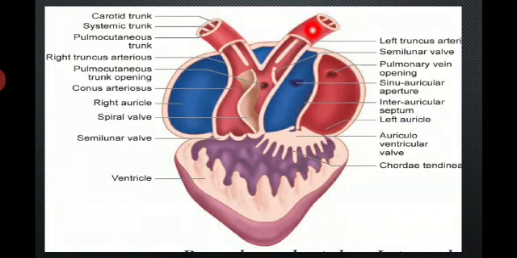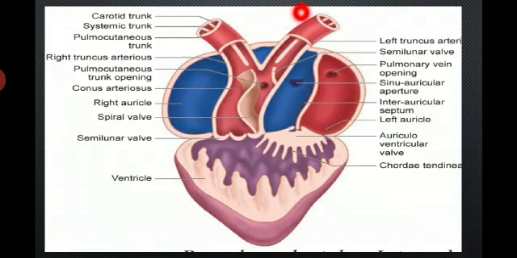Either side presents these divisions of blood vessels in the truncus arteriosus. So the truncus arteriosus is a common pathway pumping the blood out from the ventricle to the body and to the lungs.